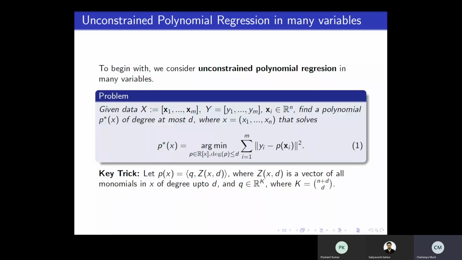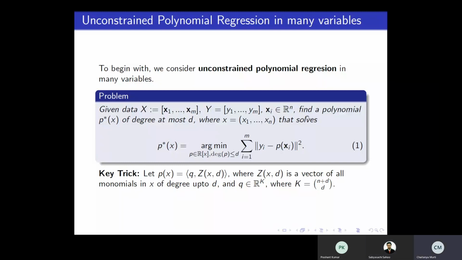That's all the monomials in two variables up to degree 2. You can imagine that for however many variables and however high a degree. Now a polynomial is a linear combination of monomials, so you can write it in this inner product format, and every polynomial of degree d is uniquely parameterized by this vector q, correct?